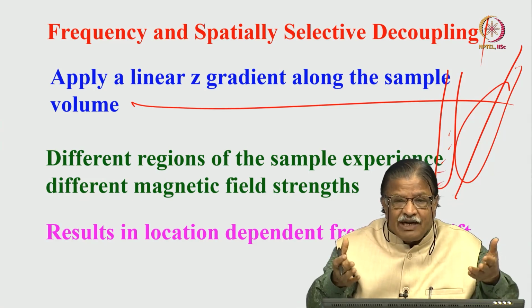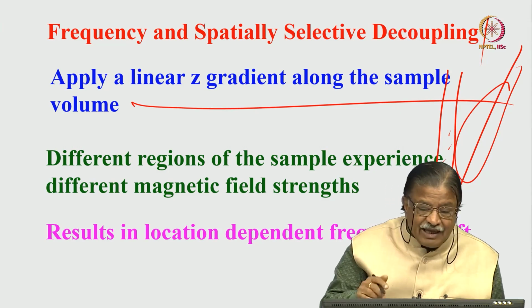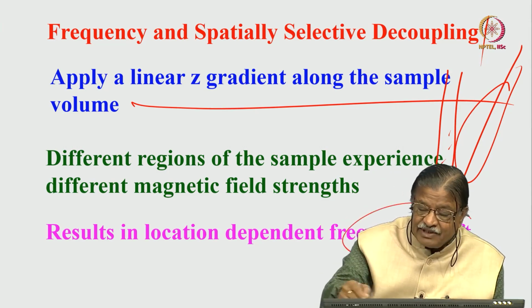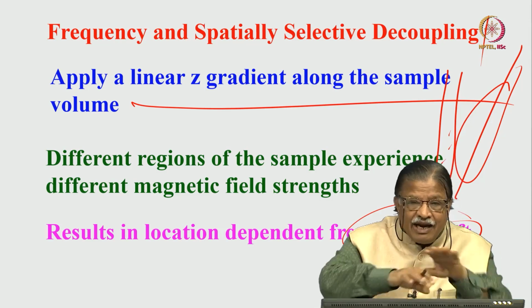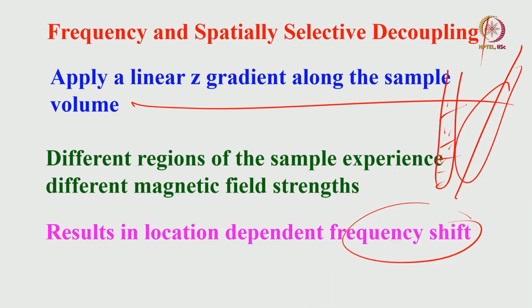When you have a different magnetic field, the resonant frequencies are different. So this results in a location dependent frequency shift.